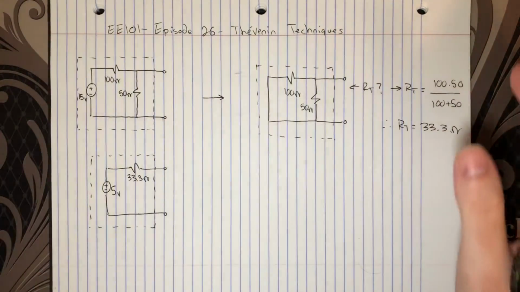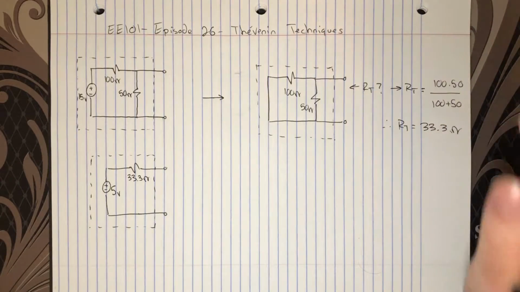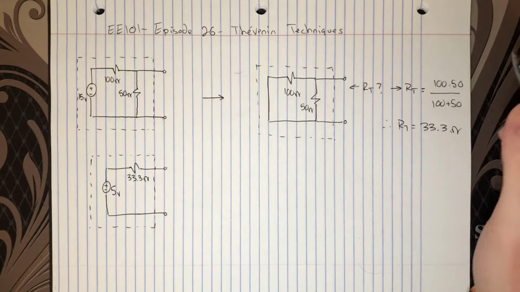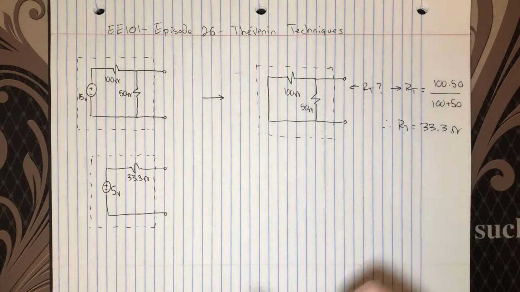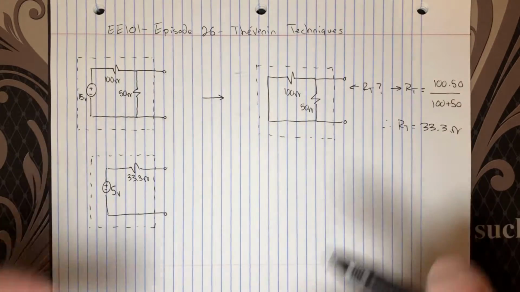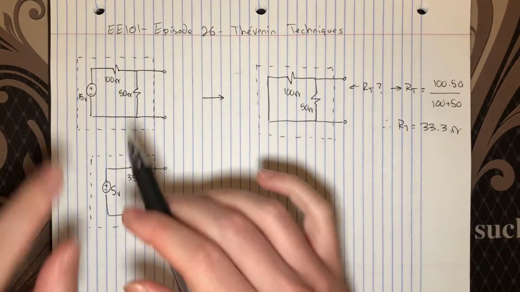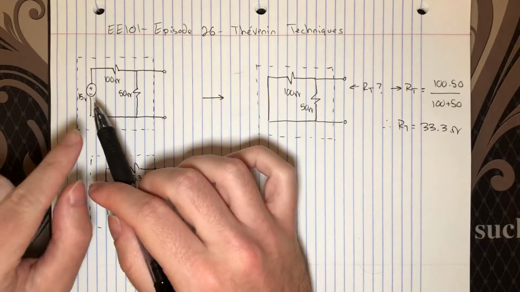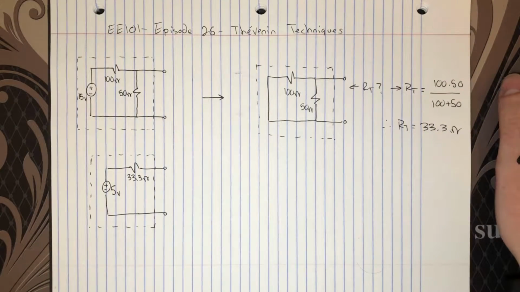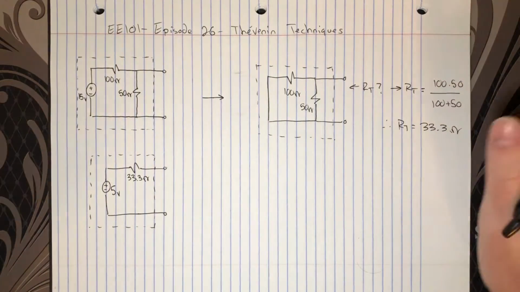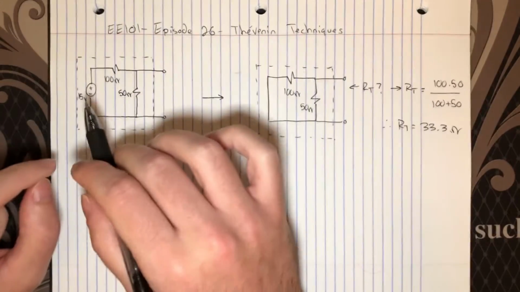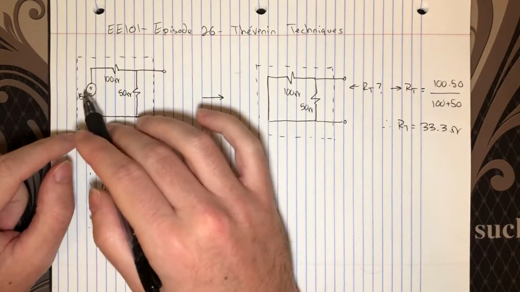So the whole point of this example was just to show that there's an alternate method you can use to find the Thévenin equivalent resistance, given you have the condition that your original circuit contains only independent sources. And although I didn't cover it here, it actually doesn't matter that our original circuit contains just a voltage source.